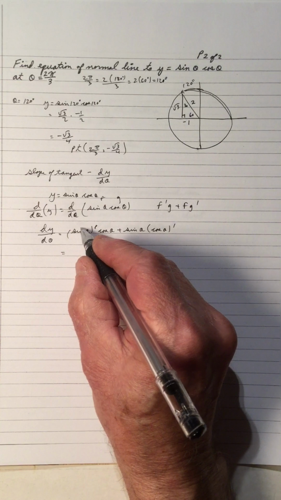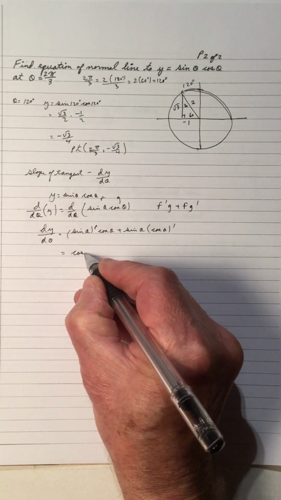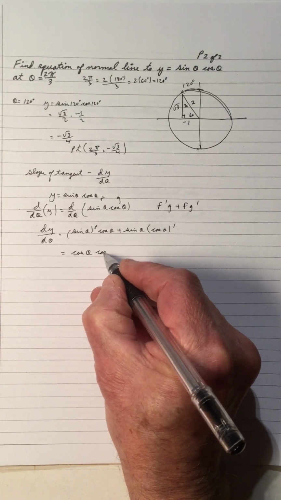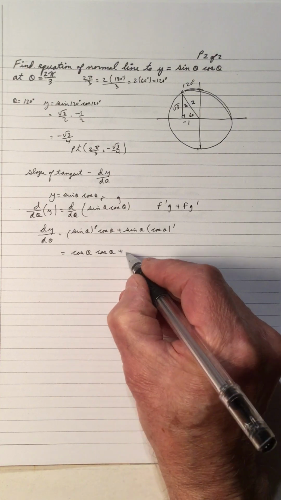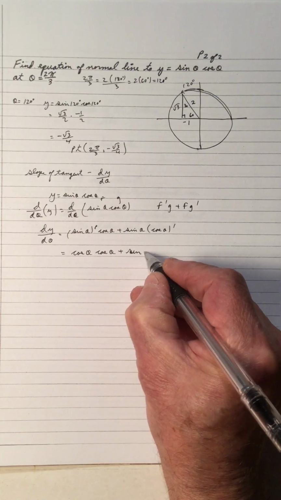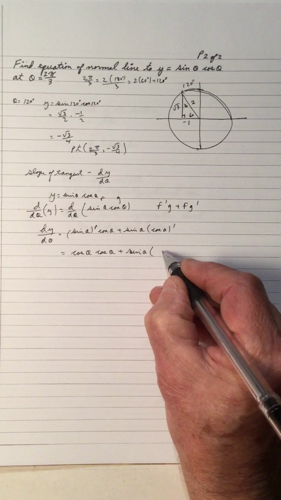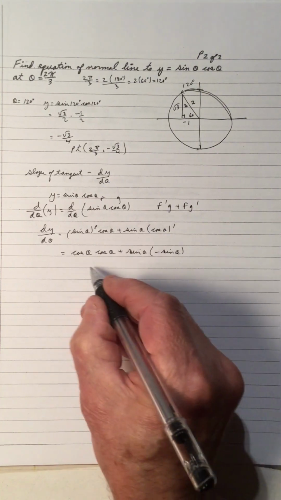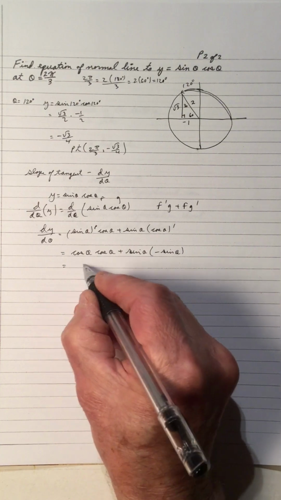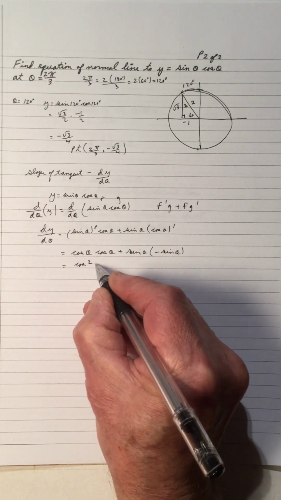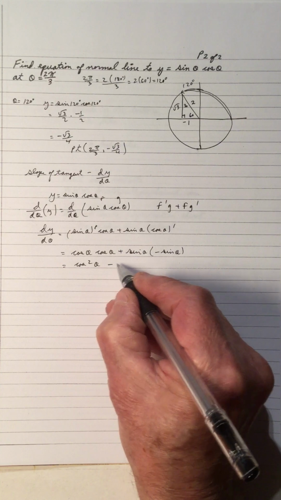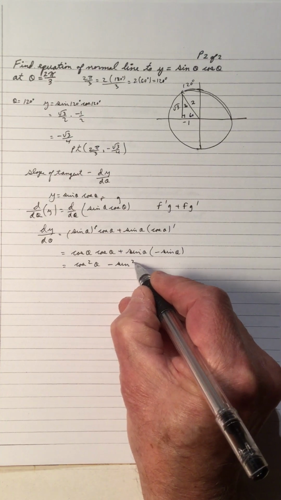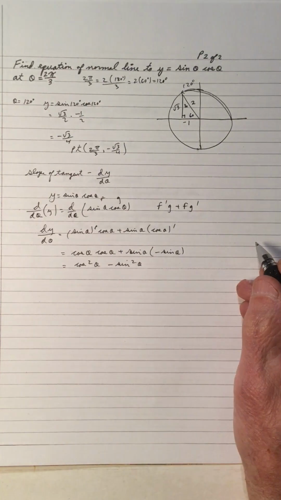That gives us derivative of sine is cos theta, and we got sine theta. Derivative of cos is negative sine, and we simplify that. We have cos squared theta minus sine squared theta.